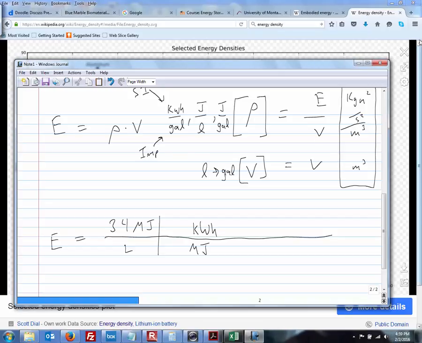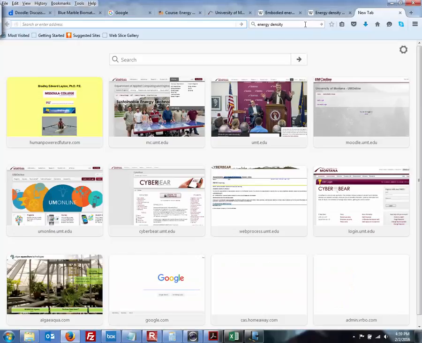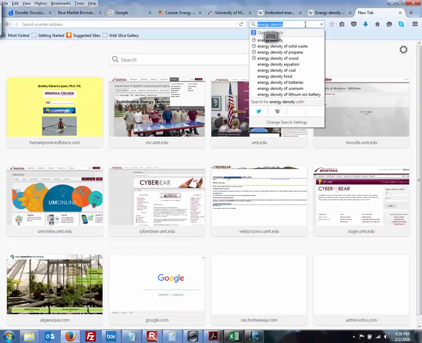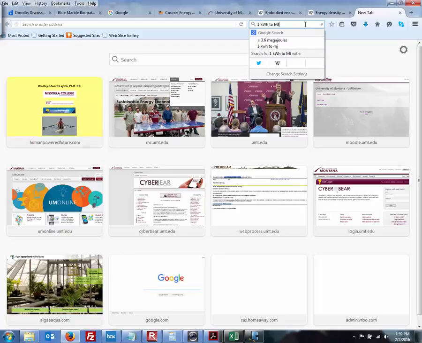So again, let's just pop out 1 kilowatt hour to megajoules. Google's pretty fancy these days. It tells you the answer before you hit return. So 1 kilowatt hour is 3.6 megajoules.